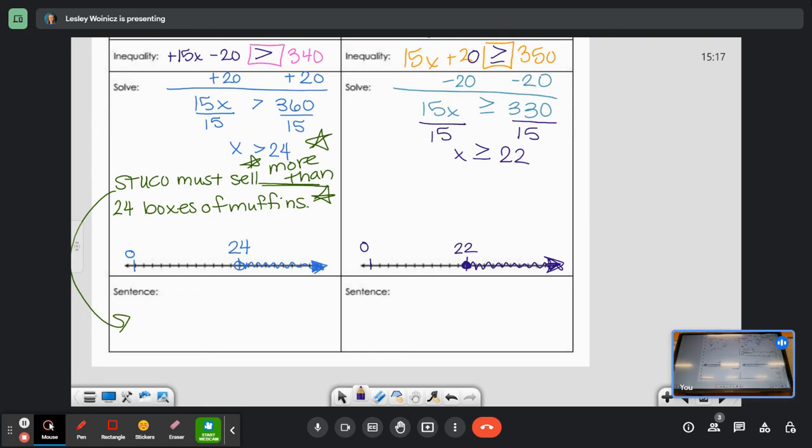Okay, now we need a sentence. So this one we had to say more than. What do you think we're going to have to say in this one? At least. Okay, write your sentence.